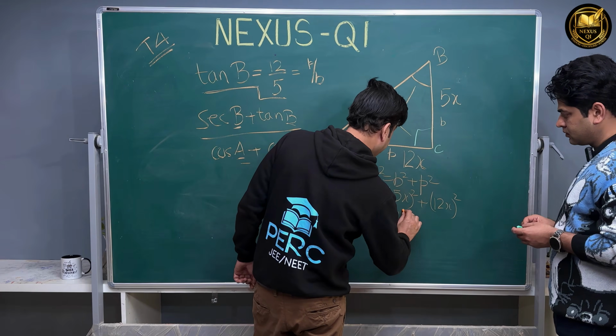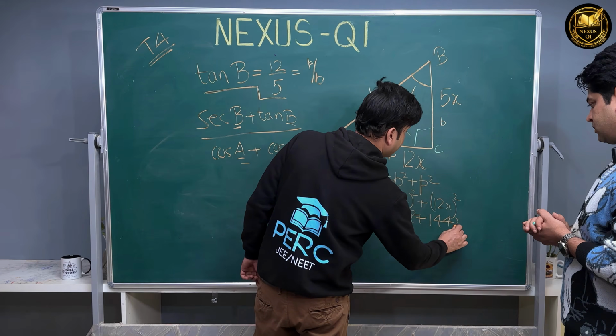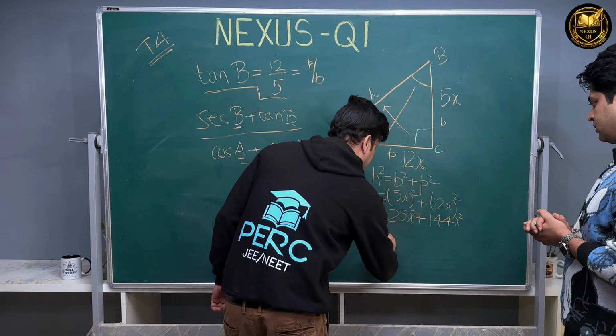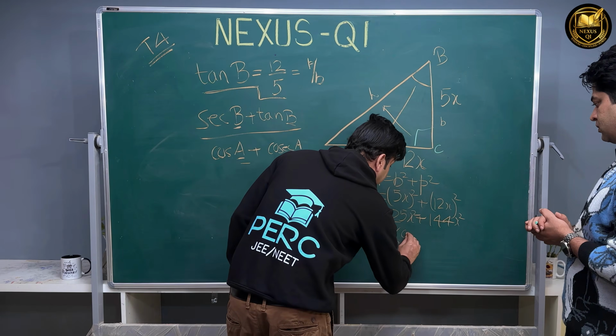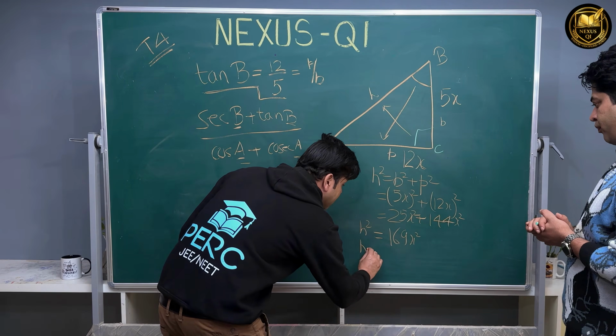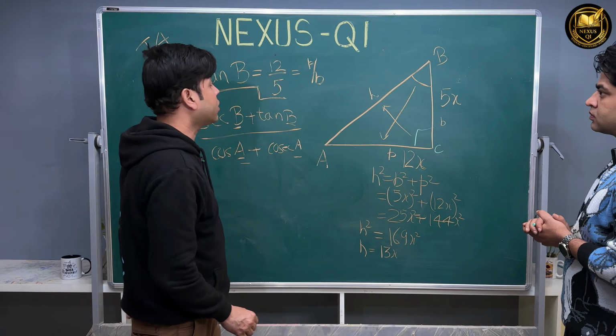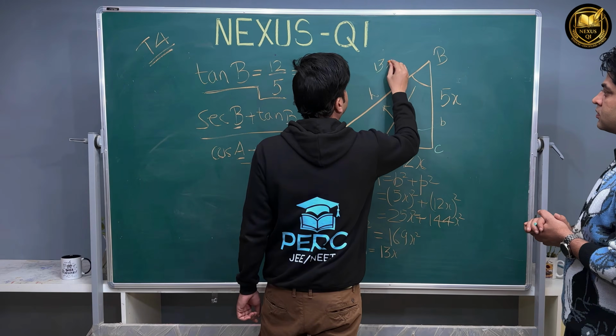This comes to 25x square plus 144x square, that becomes 169x square. This is my hypotenuse square, so hypotenuse becomes root of this, that is 13x. So we got the third side also, 13x.